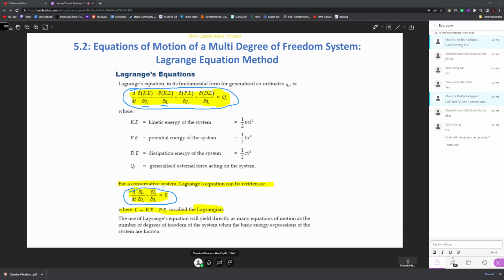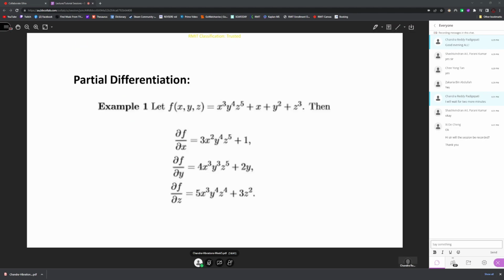These are the basic equations for us to apply for multi-degree freedom systems to derive the equations of motion by applying the energy method. In the last session, we saw how we can calculate the partial derivatives. We have looked into this equation, and this equation has more than one variable.